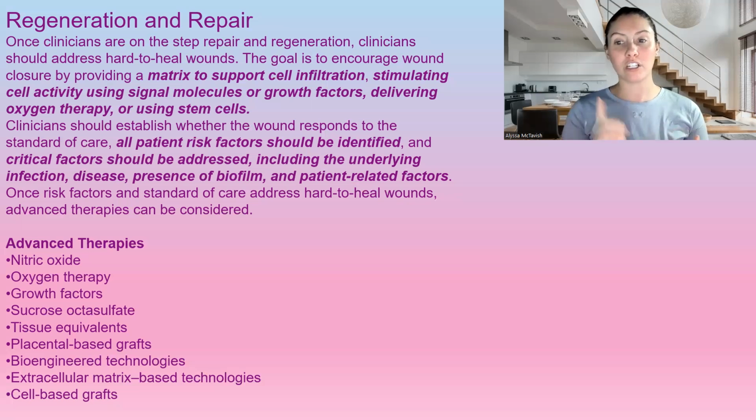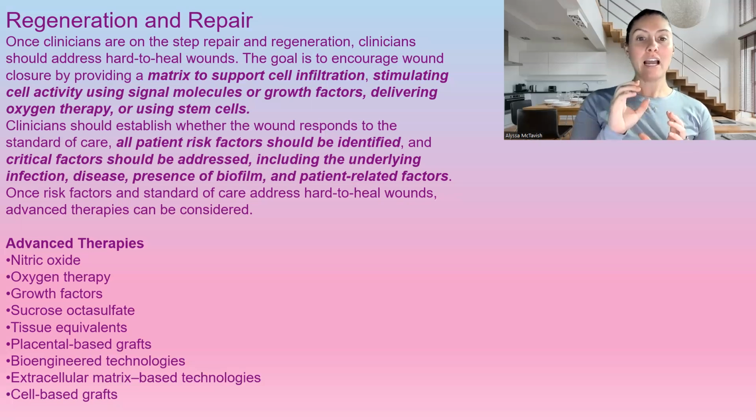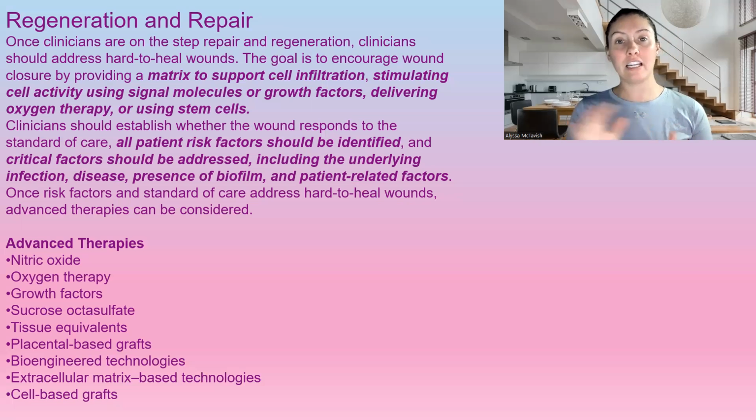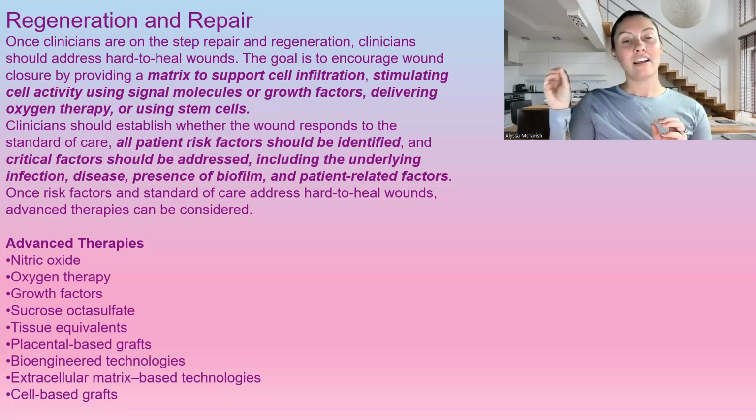Okay, all patient risk factors should be identified. Critical factors should be addressed, including any underlying infections, disease, presence of biofilm. By this step, we should have all of these looked at, including patient-related factors. Now, once risk factors and standard of care have been addressed in hard to heal wounds, we can start looking at advanced therapies.